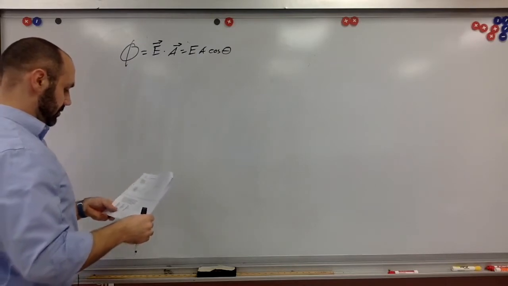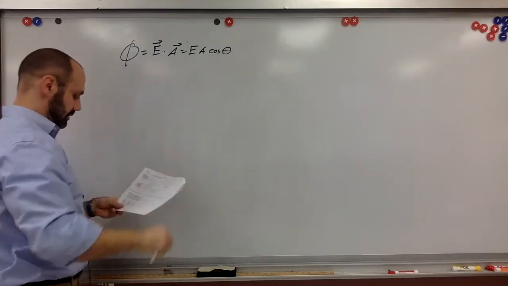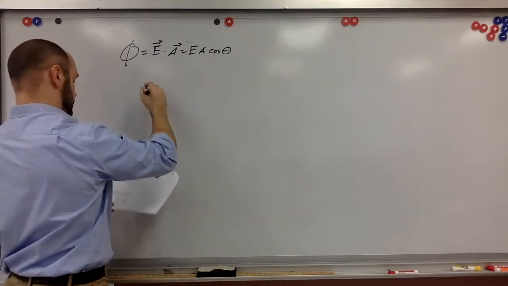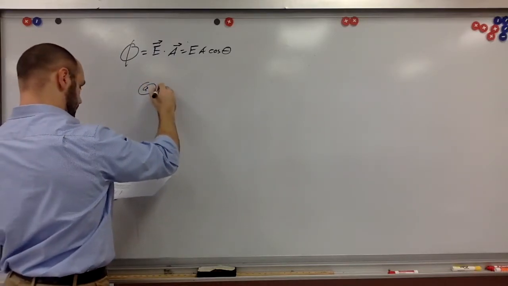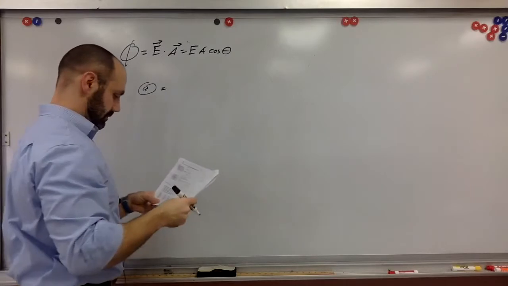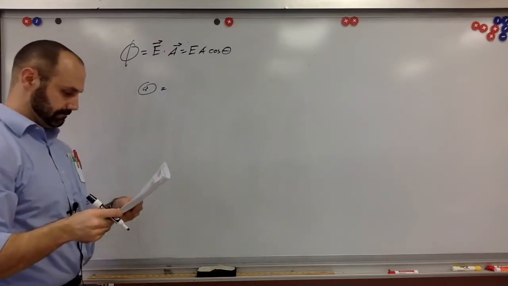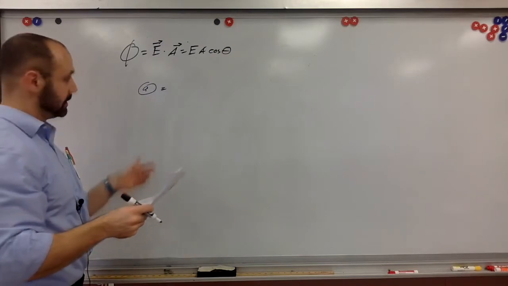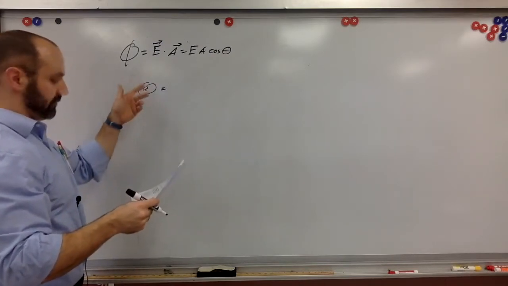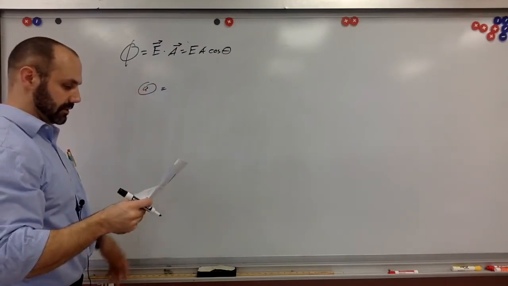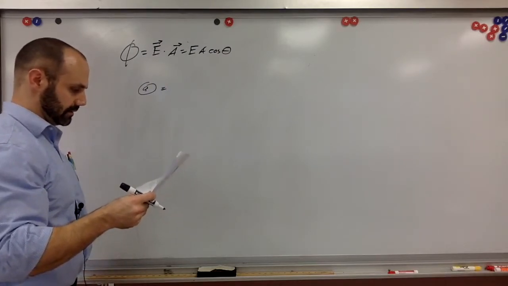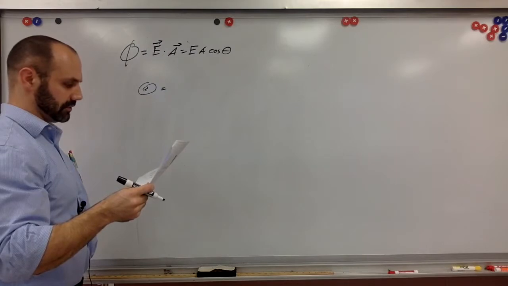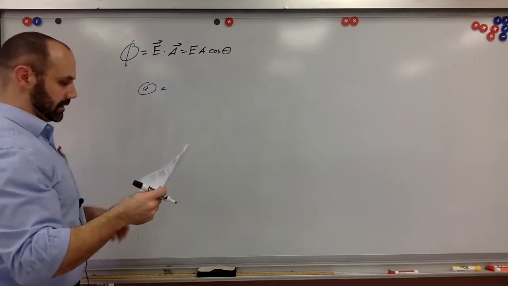And so for the first one, they are parallel to each other. So in A, the field is given by sigma over 2 epsilon naught. So we want to find the flux through the hoop for each position shown.